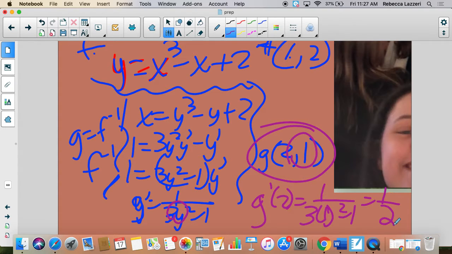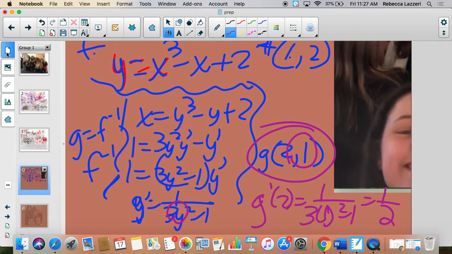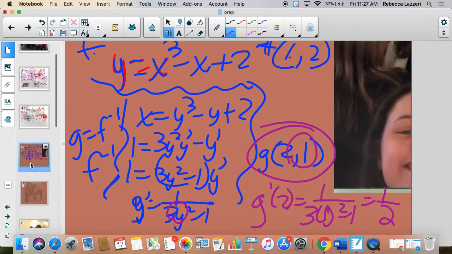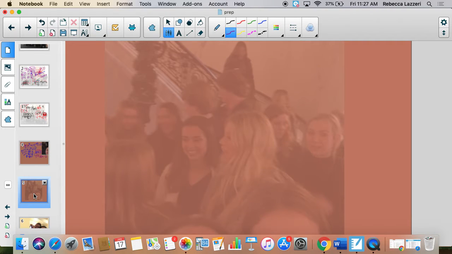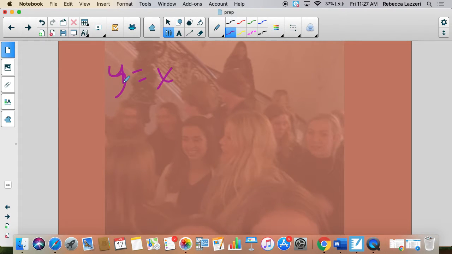All right, now let's try to use the formula with that problem. All right, so help me remember, x cubed minus x plus 2 at the point 1, 2. So I have y equals x cubed minus x plus 2 at the point 1, 2.